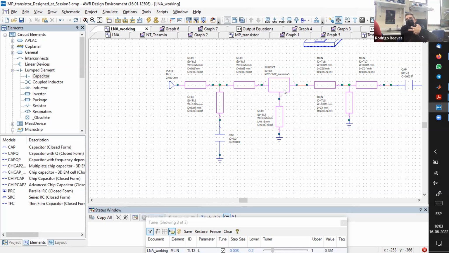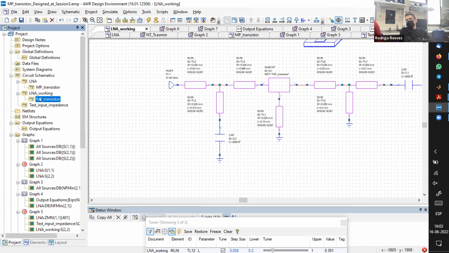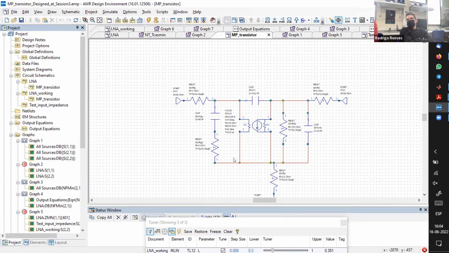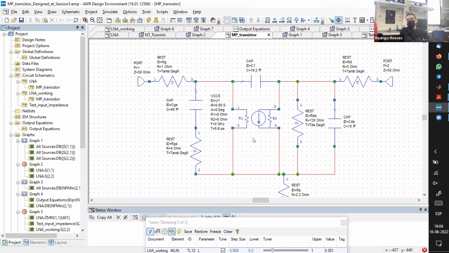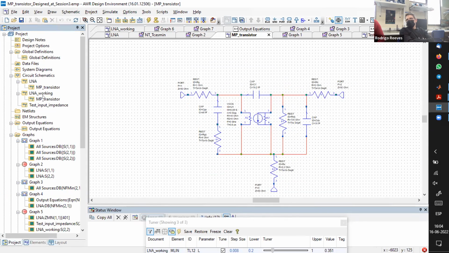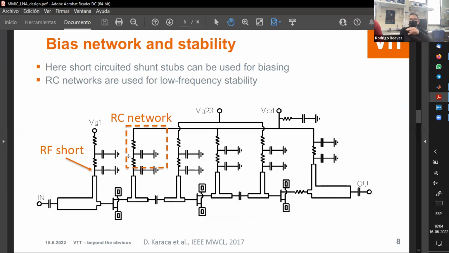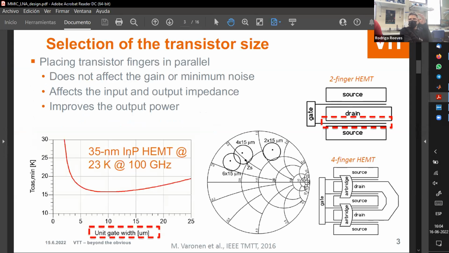Okay, so that one in this design is a fixed transistor. So it was the one that we have there. So the transistor size is fixed. But in the first few slides, I showed that you can change the size of the transistor by putting these small transistors in parallel. But these transistors were already selected to have a correct size.